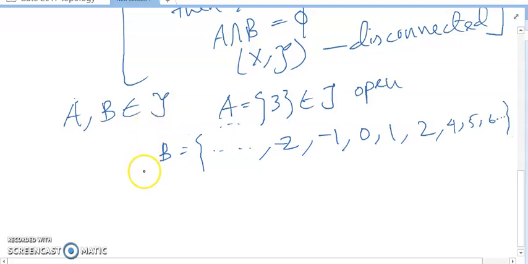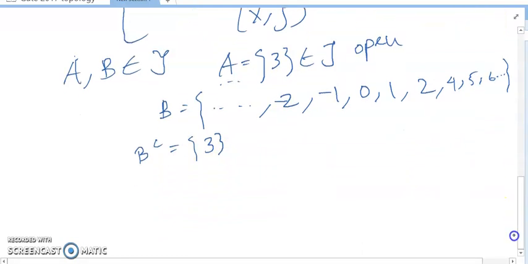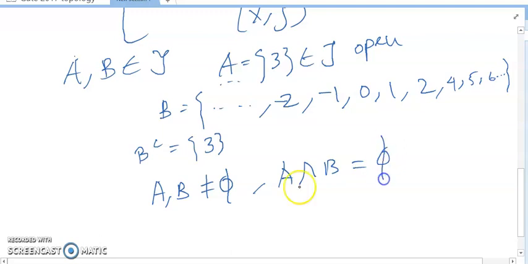So B complement equals 3. A and B are not equal to phi, and A intersection B equals phi.